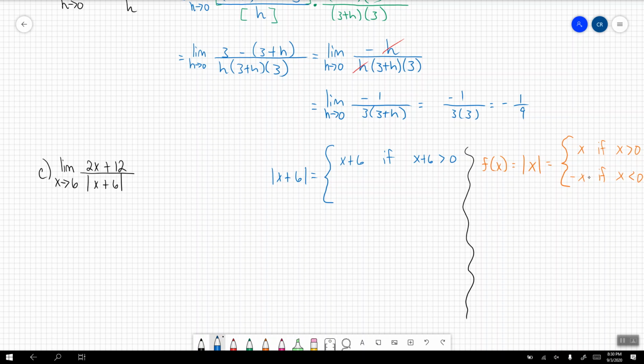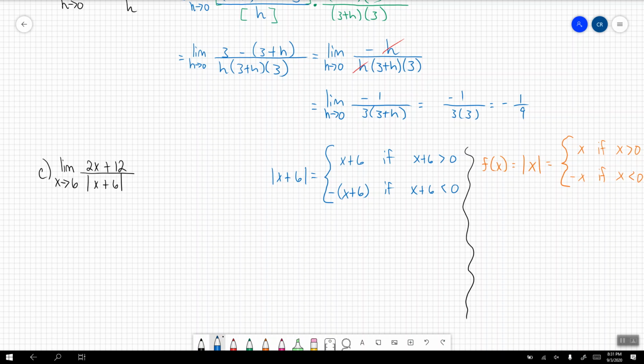Next, the second piece. We then have to consider the negative version of the argument, so negative the quantity of x plus 6. And we only use this if x plus 6 is less than 0.